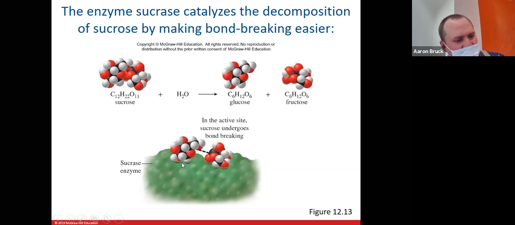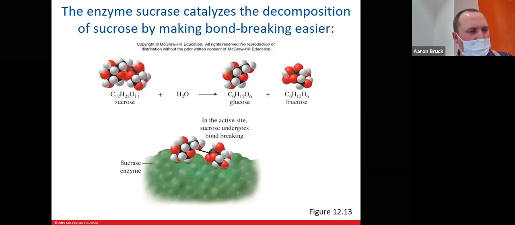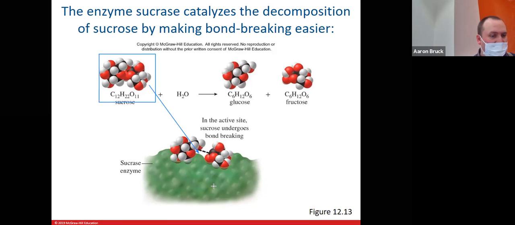What happens is that sucrase is a large enzyme that has a pocket in it that kind of accommodates, see how this is bent in its structure slightly? That bent structure slides over into this bent part of the enzyme.